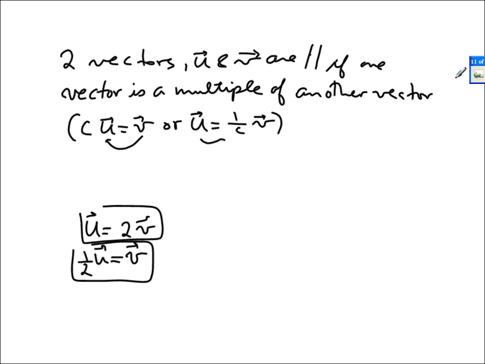The reason u is 2 times v is because v is the smaller vector. v is half of u. If this is v, I double it and I get u. The whole thing is u, but this part is v, or if you like, that one is v.